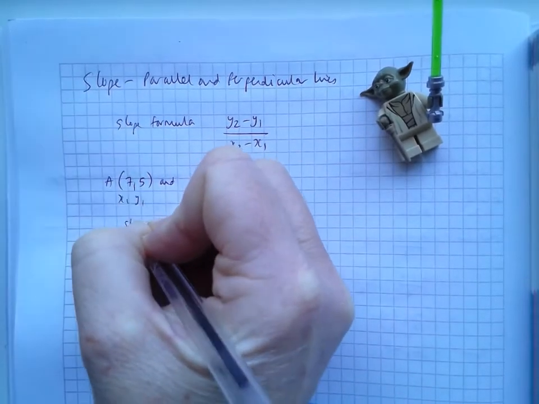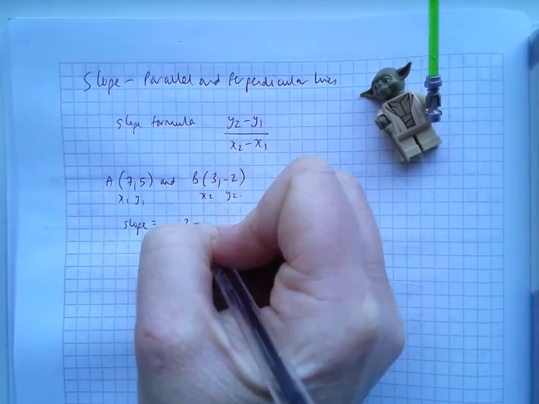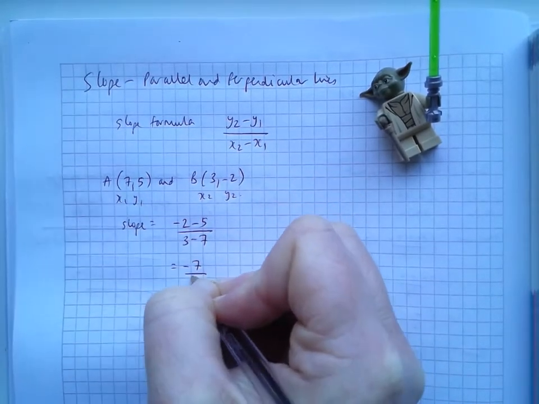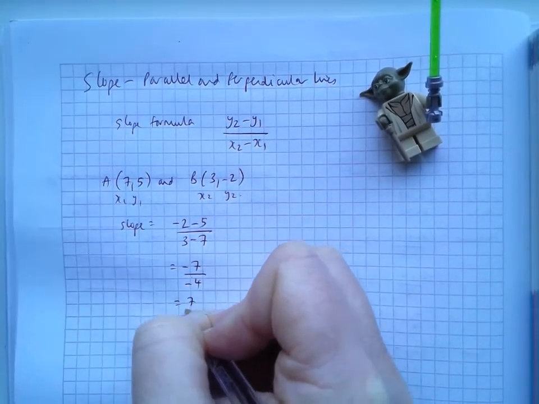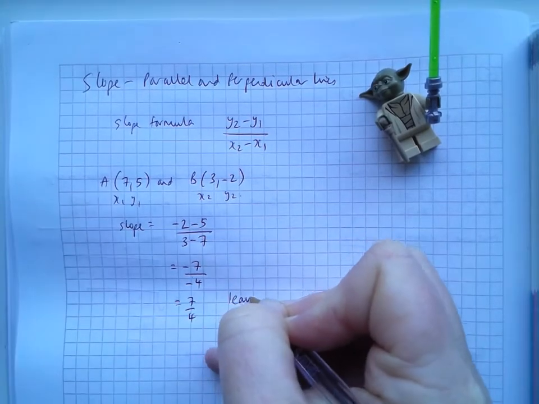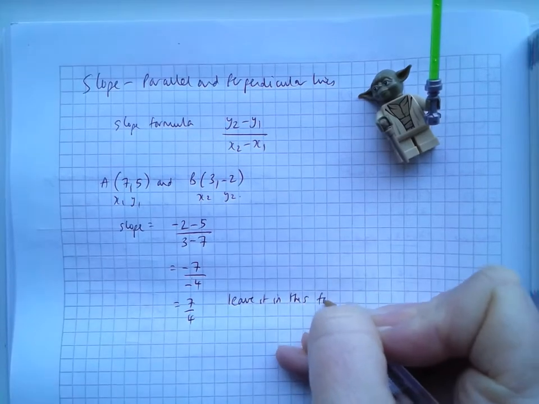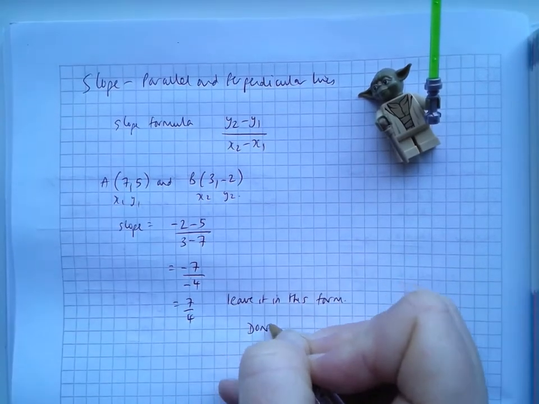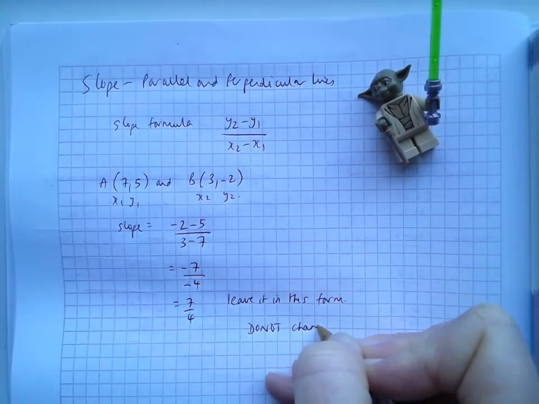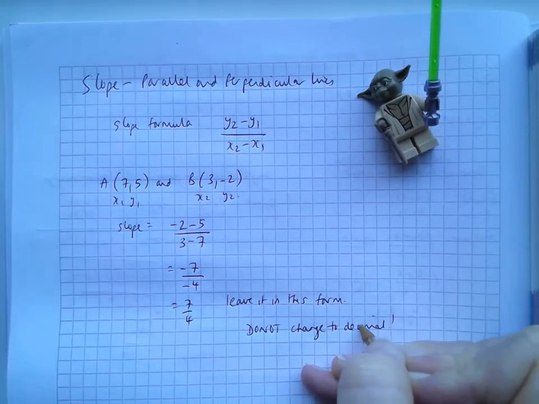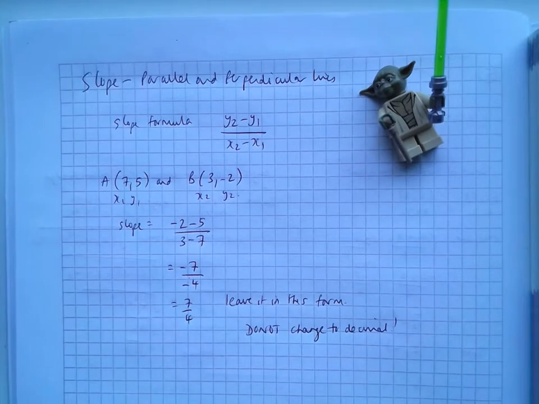The slope will be y2 minus y1 over x2 minus x1, so minus 7 over minus 4, which would be 7 over 4. You can leave it in this form. Do not change to a decimal. That seems to be fine for people.